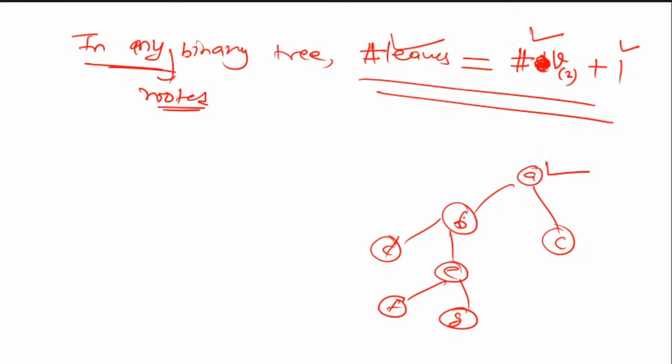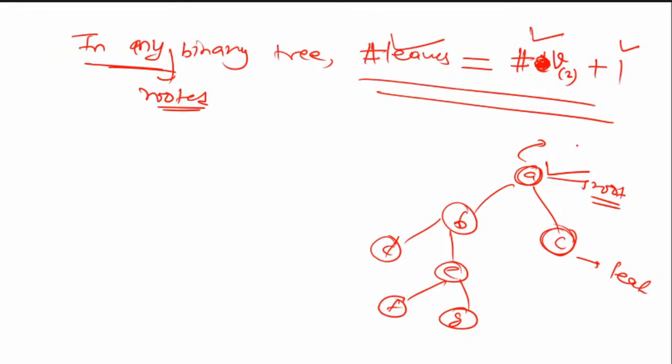B and C are the children of A. D and E are the children of B. F and G are the children of E. So this is a rooted binary tree and this is the root node. Now in this tree, this vertex has two children. This vertex is a leaf because it has no children. So this is your leaf node and this is your two-children node.